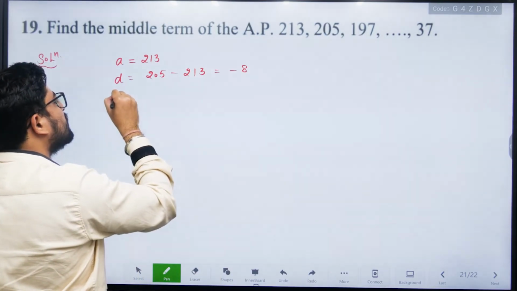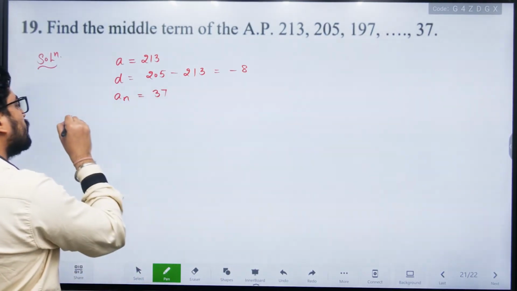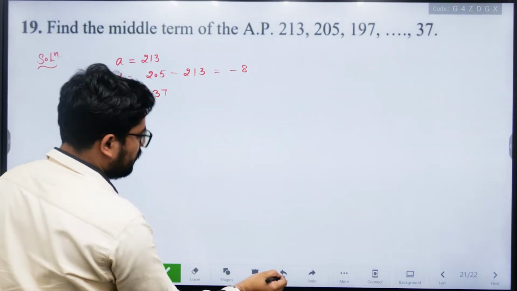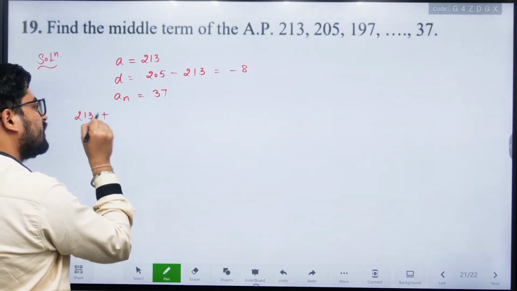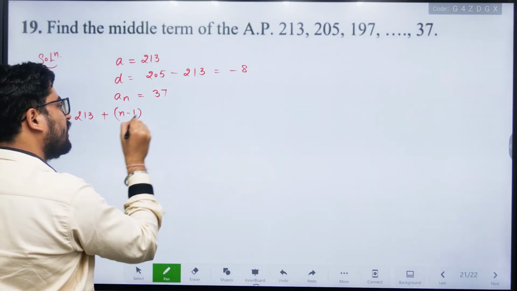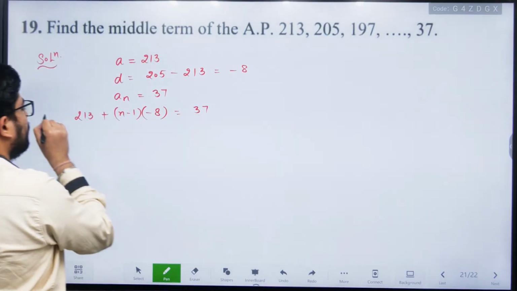The last term is 37, the nth term is 37. So first of all find n. The nth term is 37, so a plus (n minus 1) into d is equal to 37.